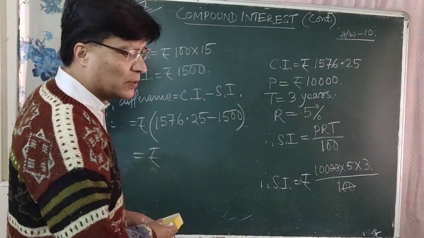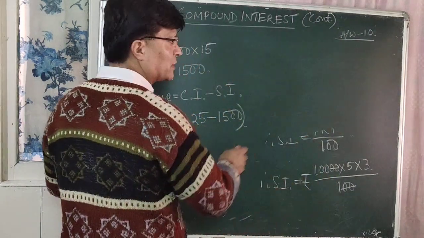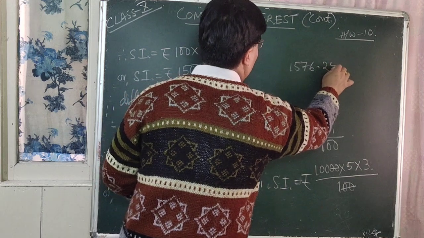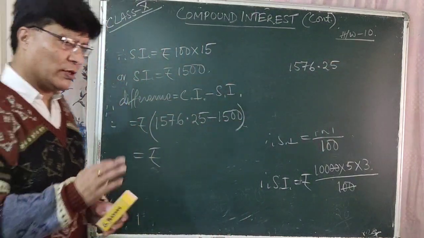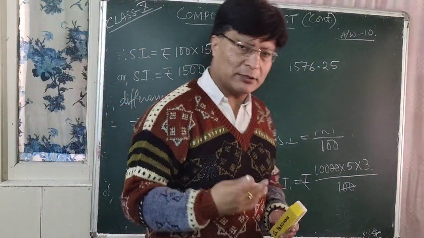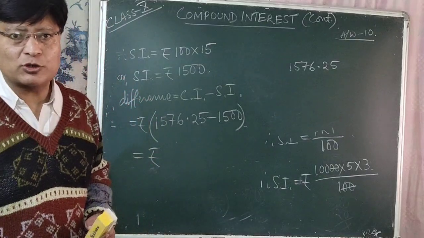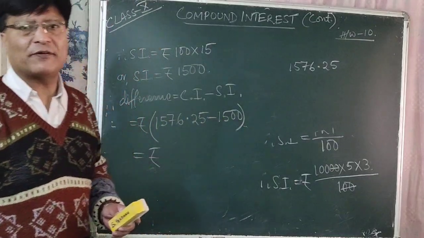How can you subtract them? 1576.25. After the decimal point there are two numbers, that is 25. So if there are numbers after the decimal point, you have to read it as 0.25 but not 25, right? But there is no decimal point in case of 1500.